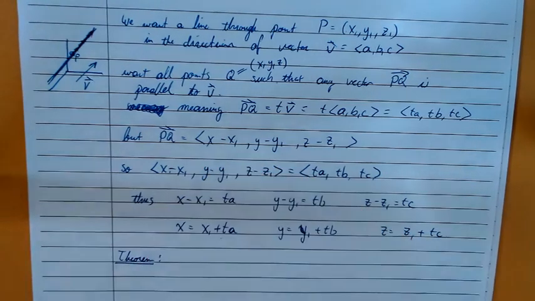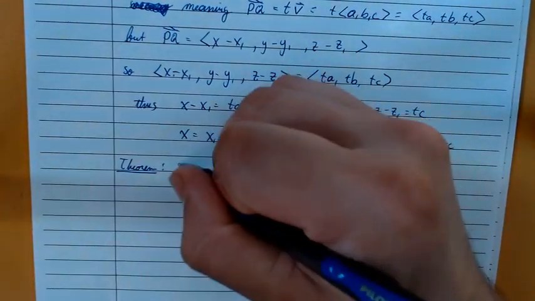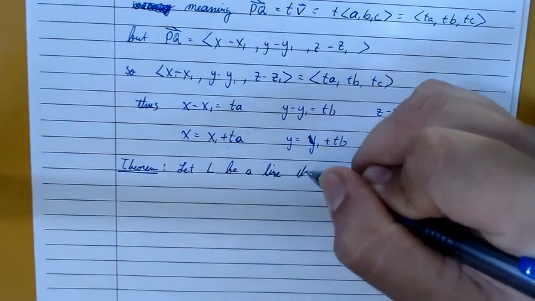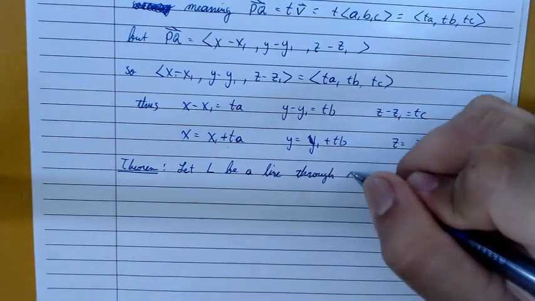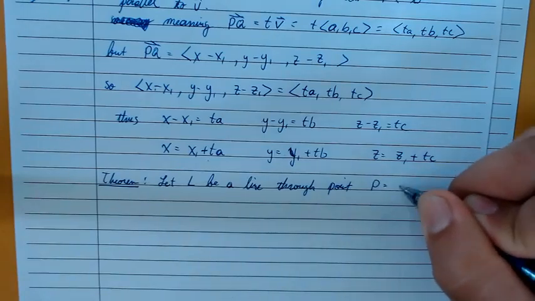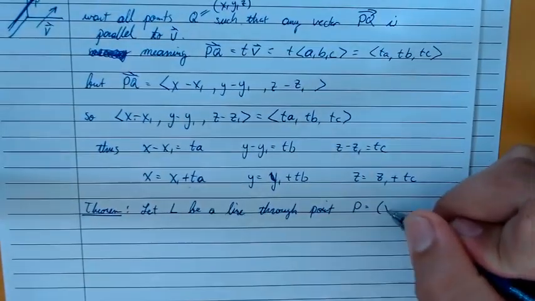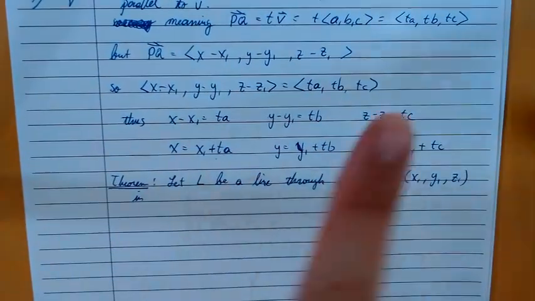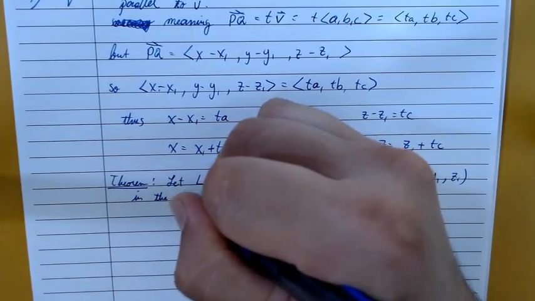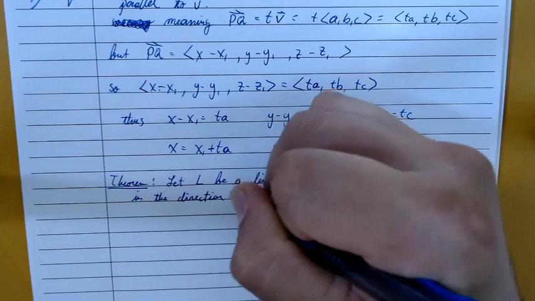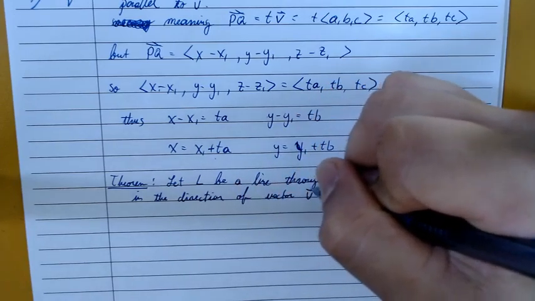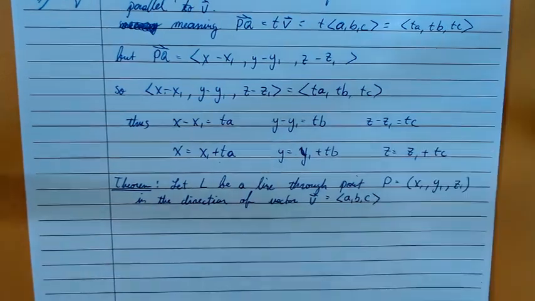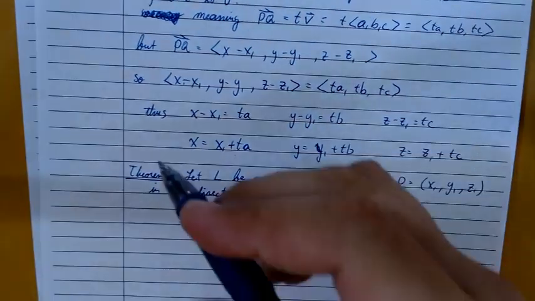Theorem: let L be a line through the point P, which we're going to give as, same as denoted above, x1, comma y1, comma z1, in the direction, meaning parallel to the vector v, in the direction of vector v, which again we'll denote as A, B, C. Then L can be parameterized.